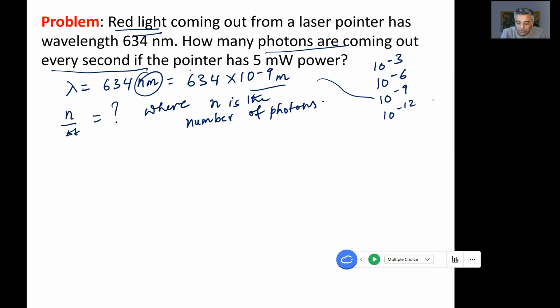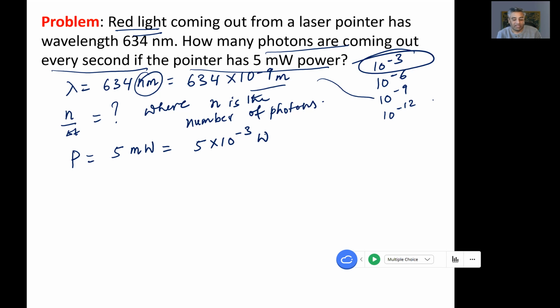And what do we know? We are given power. Power, I'm using uppercase P here, is 5 milliwatt. So let's convert that into watt. Milli means 10 to the power negative 3, so it's going to be 5 times 10 to the power negative 3 watt. Now, power is the rate of change of energy.